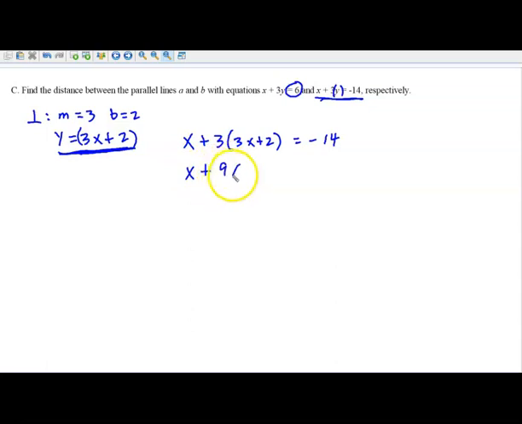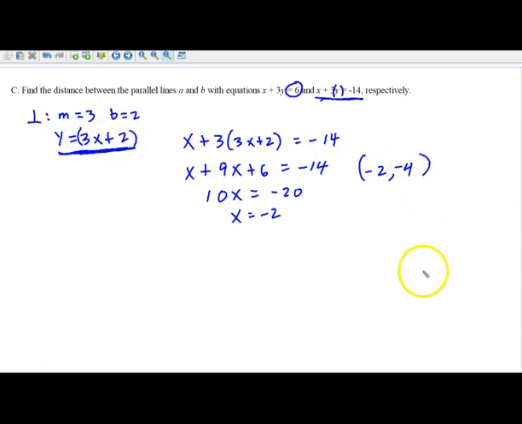Using the distributive property, 10x is equal to negative 20, so x is negative 2. And so now to get the y-coordinate of that intersection point, we can go up here and let x be negative 2. That's negative 6 plus 2, and that's negative 4. All right.